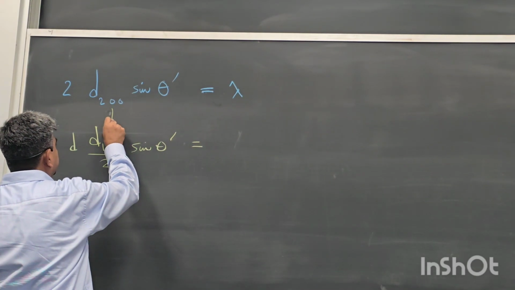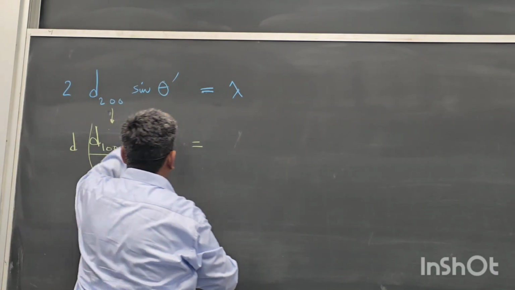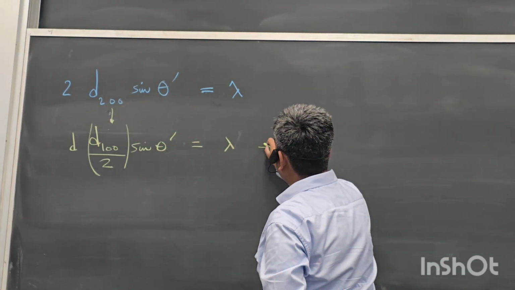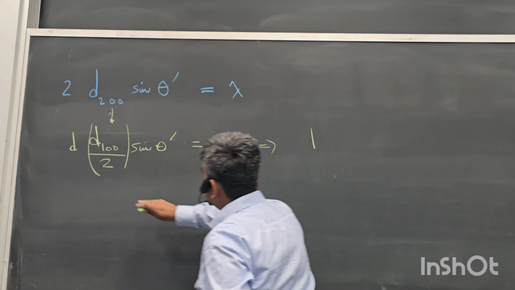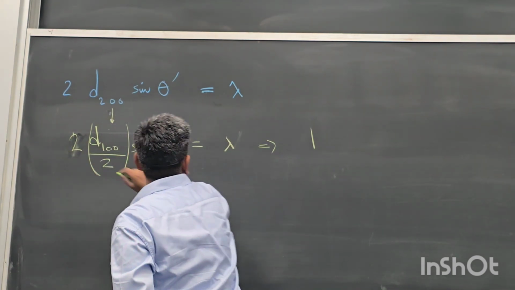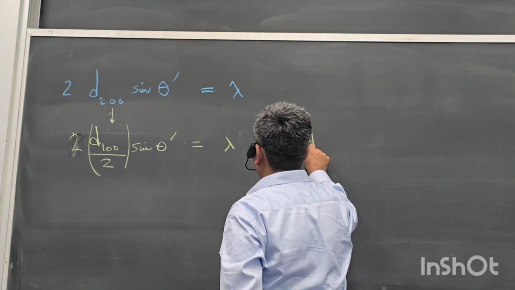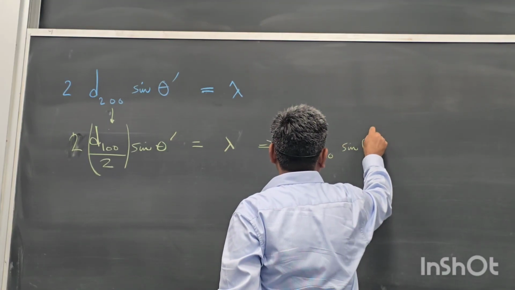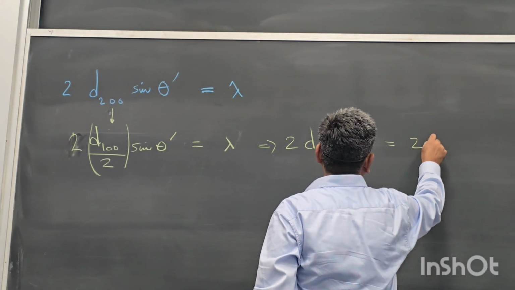So I replace this by here, still have theta prime and lambda here. This would make 2 times d100 sine theta prime is 2 lambda.